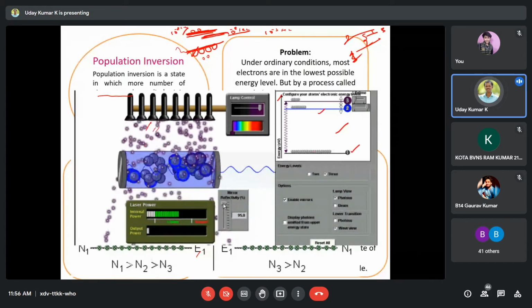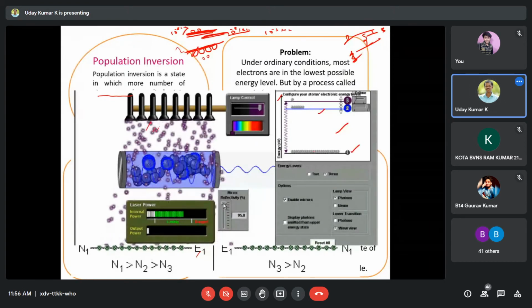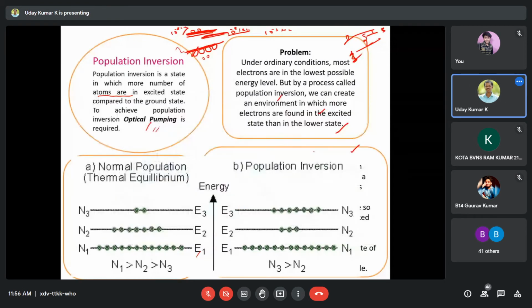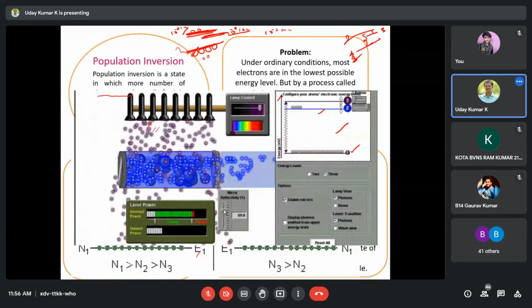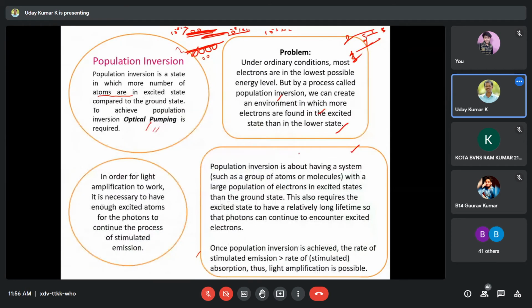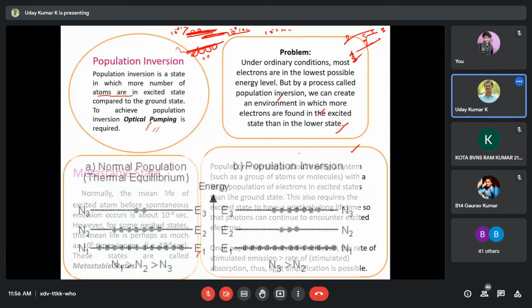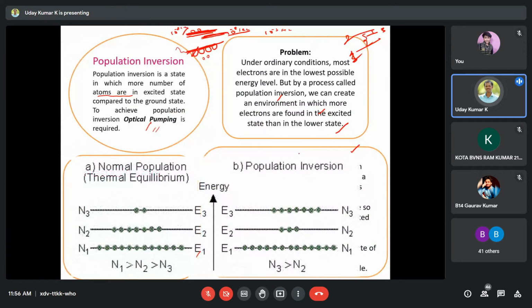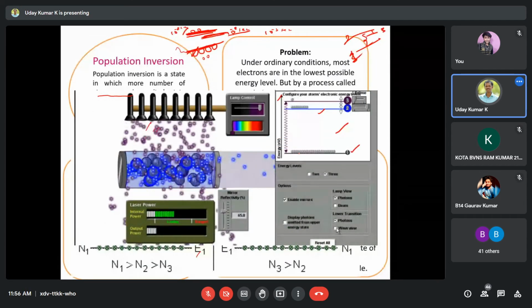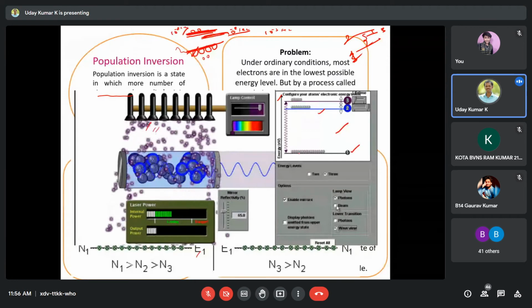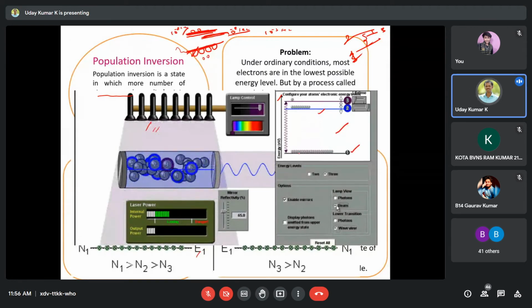When I start initially, you can see that. I'll go back and come. When I click that, you can see for one or two seconds, sometimes E2 and E1 have population inversion.